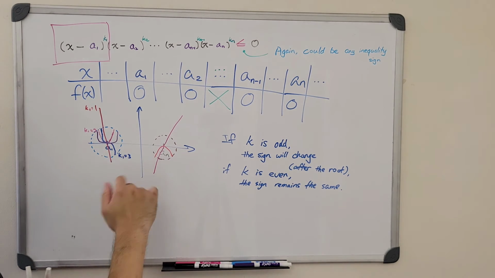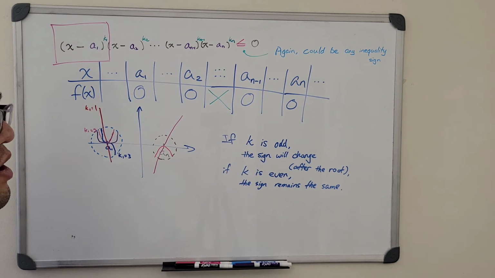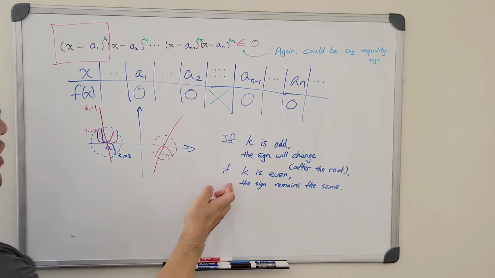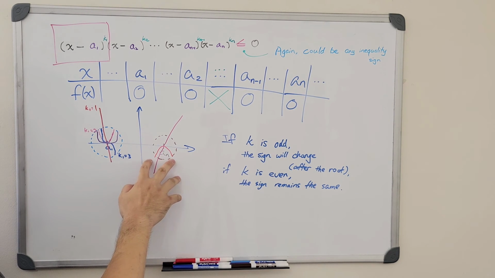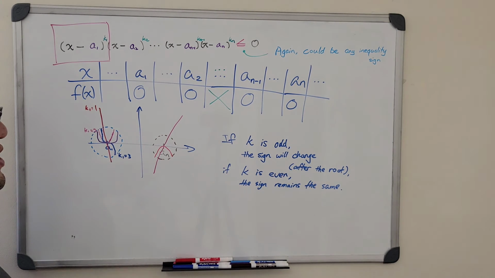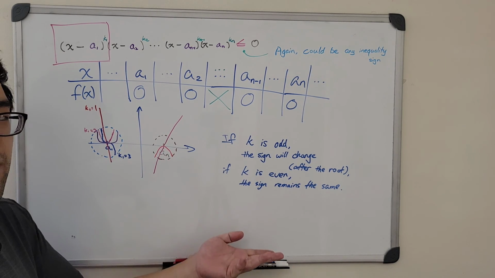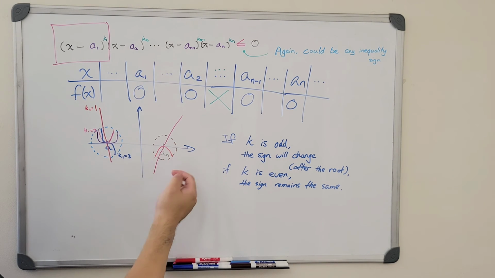So everything will just flip, but we also see that the properties in our conclusion do not change. We will still have the idea that if the exponent is even, the sign will remain the same. If it starts from positive, it ends with positive. If it starts with negative, it will still end up with negative. And if the exponent is odd, we see that it has to change.